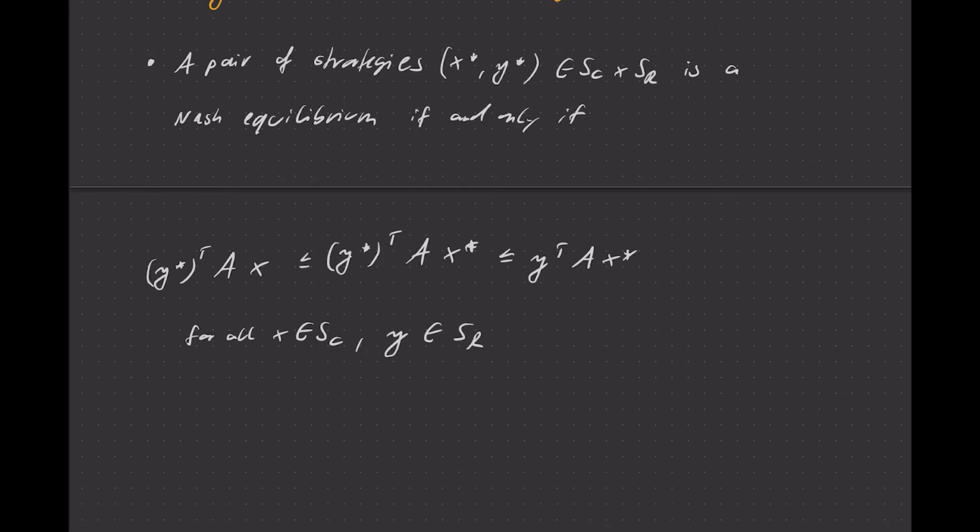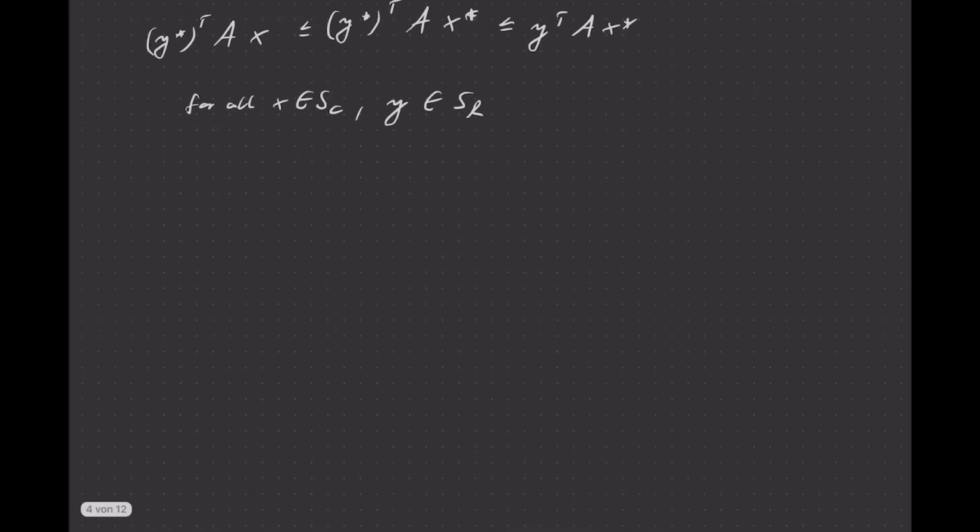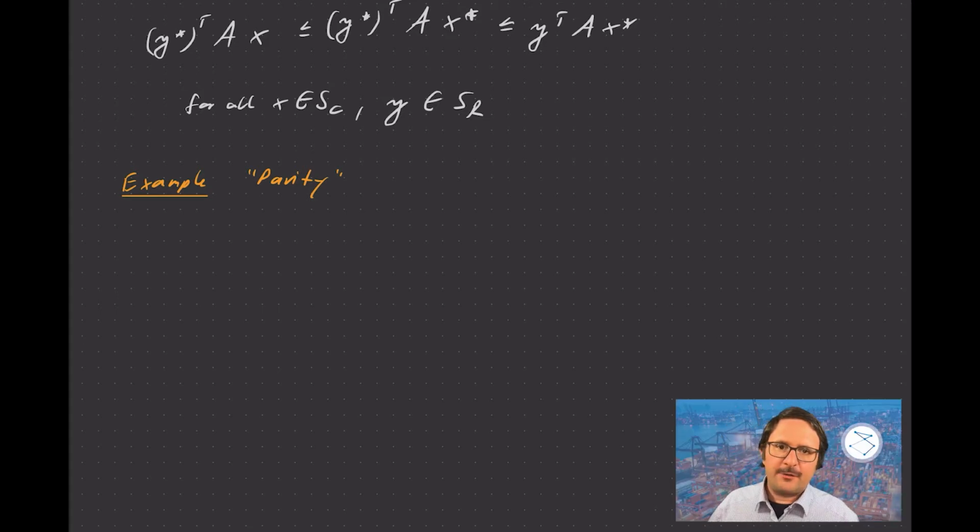Now let's look at an example to see how this really works here. For example, here's a game that's called Parity. And the idea of parity is that row and column play against each other. They both simultaneously show either one finger or two fingers.